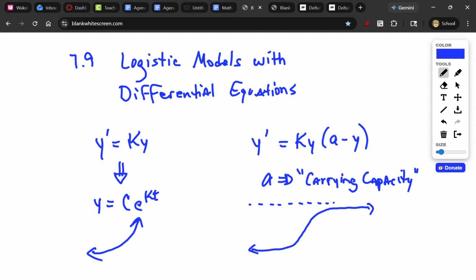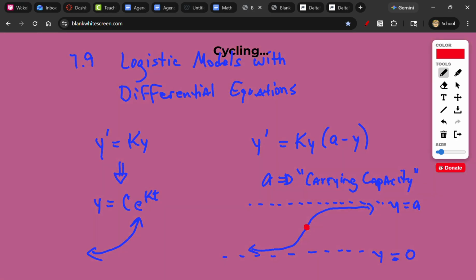So there's an amount y equals a that this kind of levels out at, and then there's an initial y value, and in most cases the initial value is 0. So if you don't have any stuff, you're not growing, but if you reach the carrying capacity, you've also stopped growing.